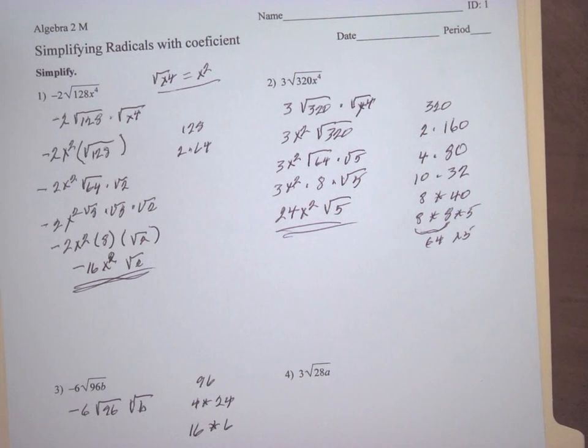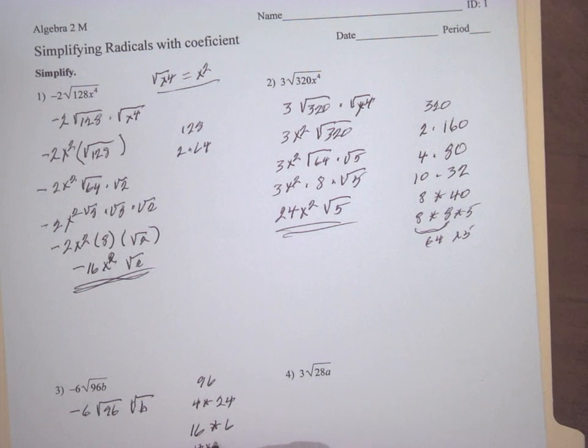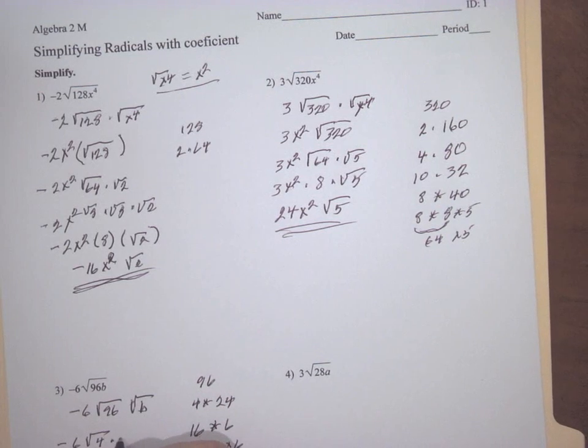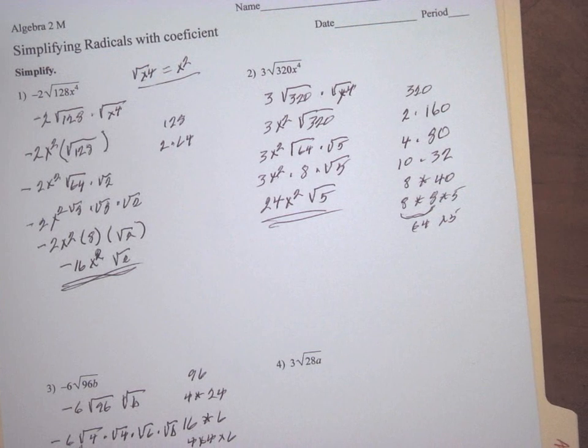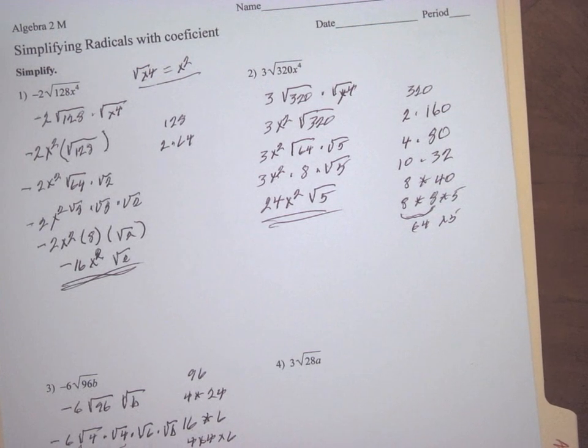So we come back over here, and 16 is equal to 4 times 4 times 6. So we end up with -6 times the square root of 4 times the square root of 4 times the square root of 6 times the square root of b. Well, these two come out to be 4.